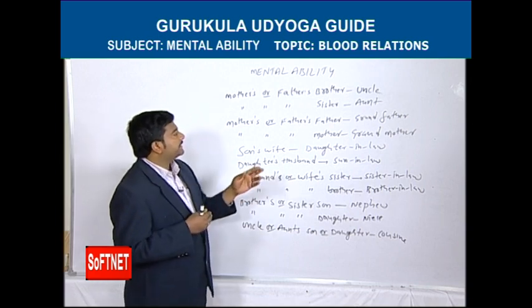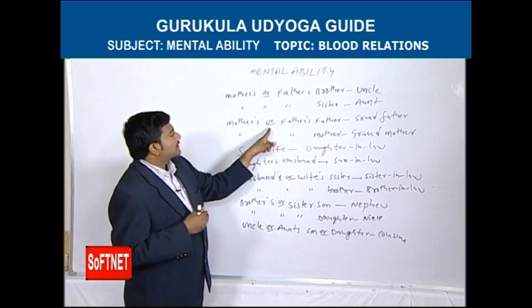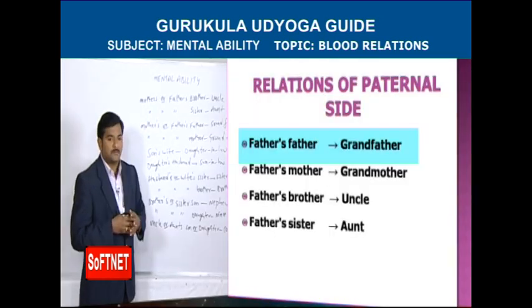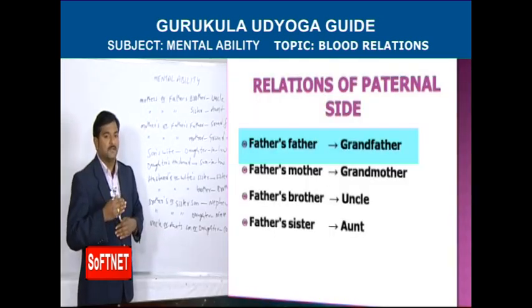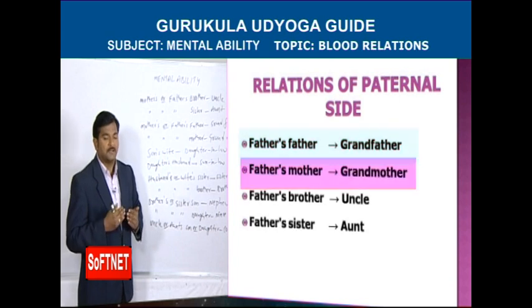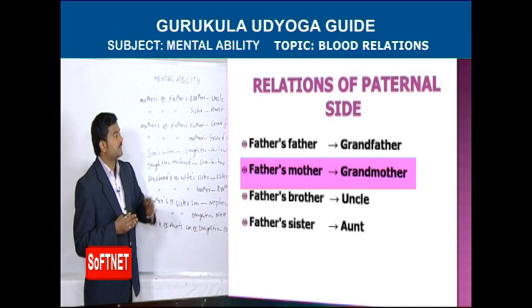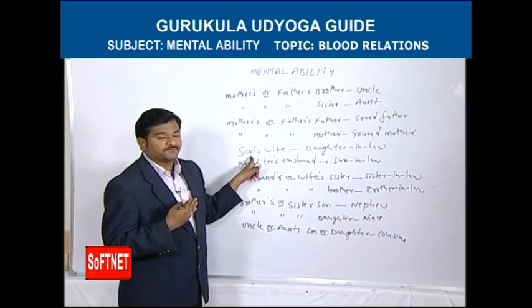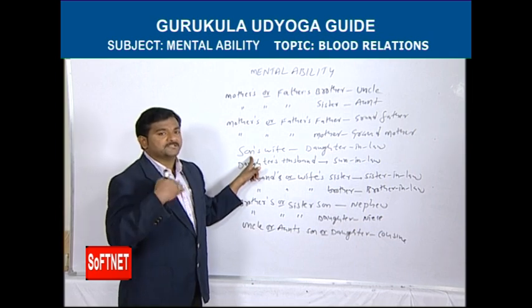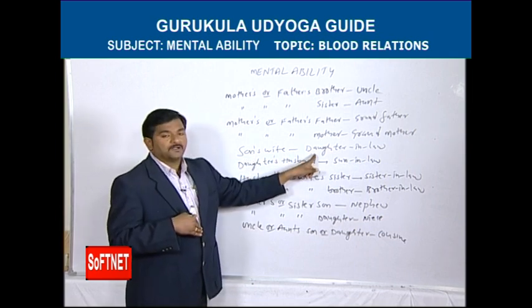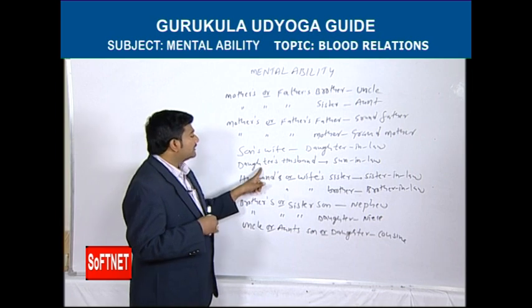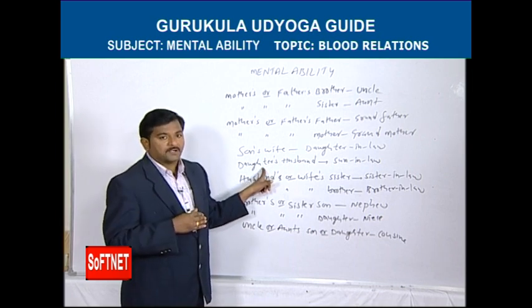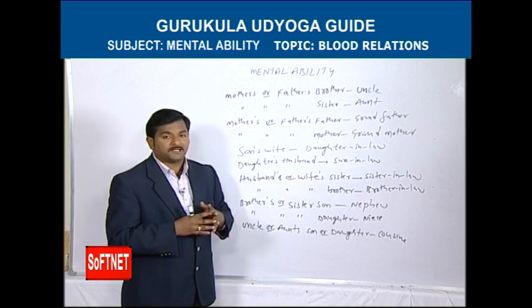Okay, similarly mother's or father's father, grandfather, or mother's or father's mother, so what you can say, grandmother we can call. Okay, and next son's wife, means my son's wife, so obviously daughter-in-law we can say, or daughter's husband means son-in-law we can say.